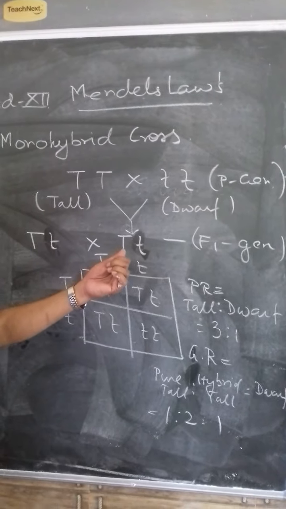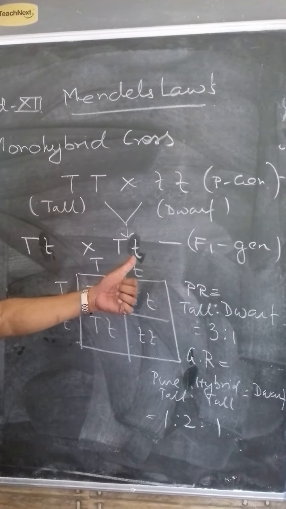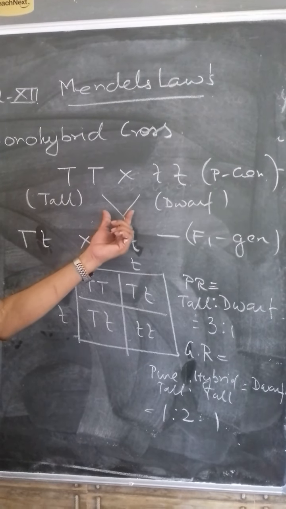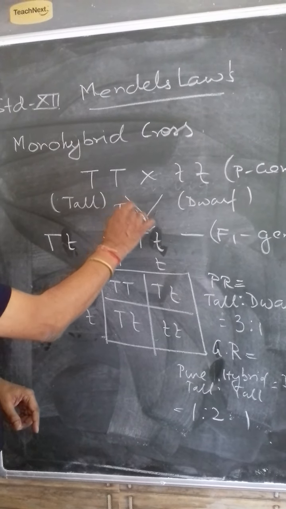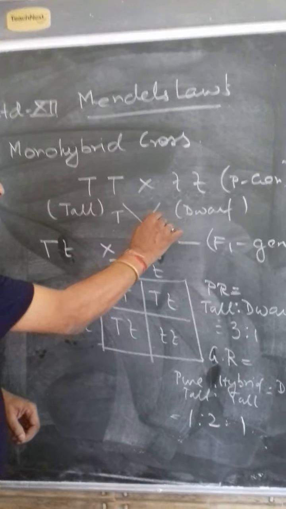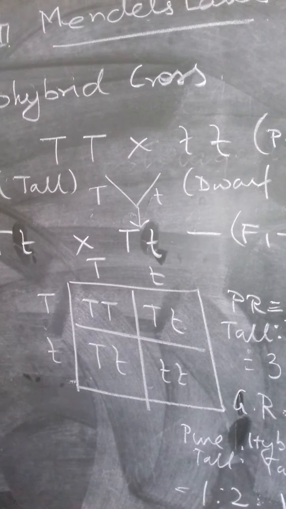And in the F1 generation we get a tall and a dwarf gene, because during the process of meiosis, when they form the gamete, the capital T gene or the factor comes from this and small t comes from this, and it is expressed as a hybrid tall.